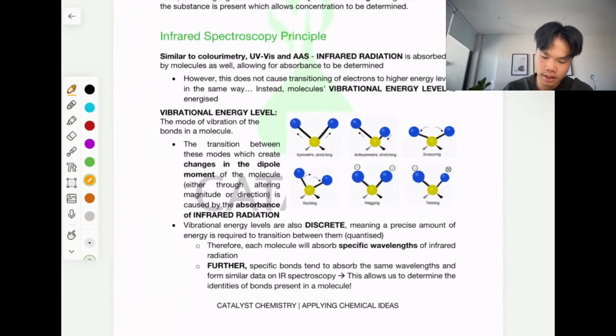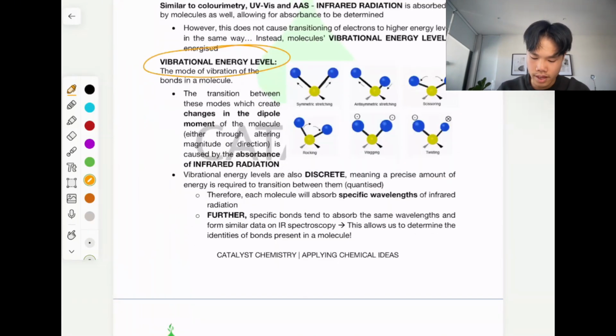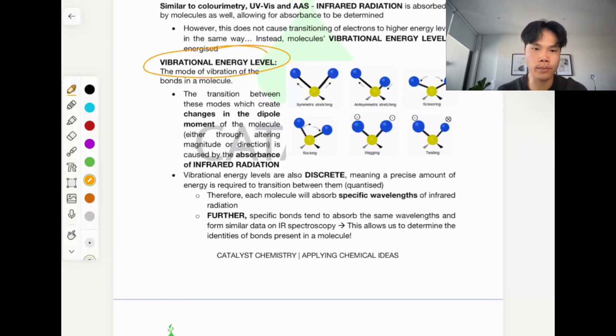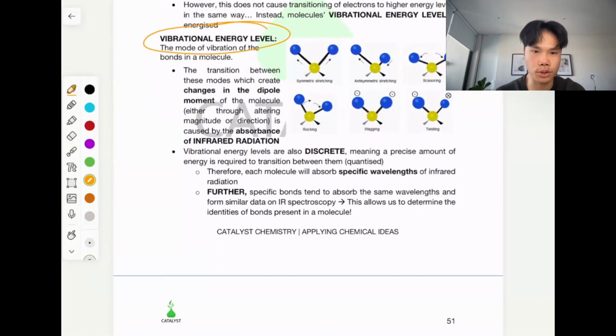IR spec comes from shining infrared light through a sample and exciting the vibrational energy level to a higher level than it began with. Then the absorbance of that IR radiation can be measured on a spectrum, and depending on which wave numbers have the highest absorbance, you can tell what functional groups or bonding groups you have, since different bonds will vibrate at different energy levels and transition with different amounts of energy.